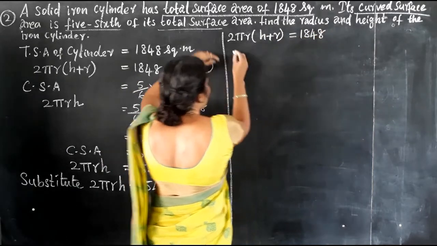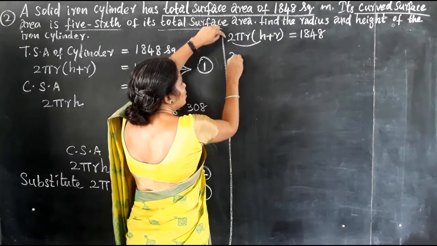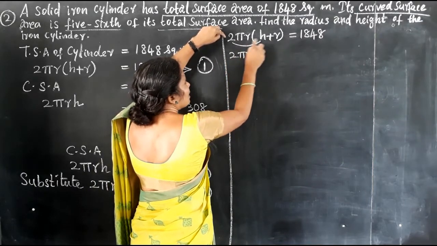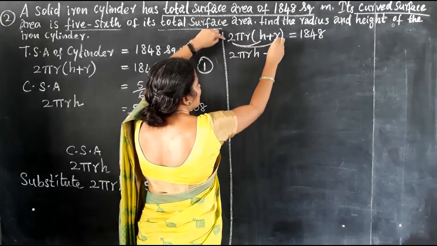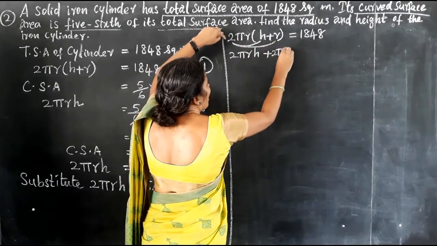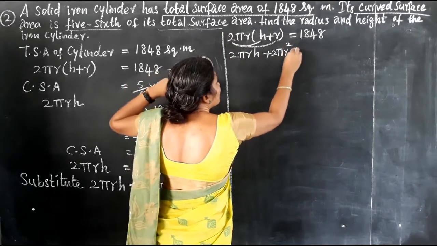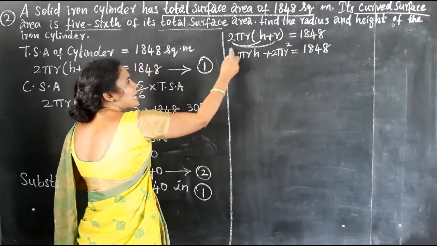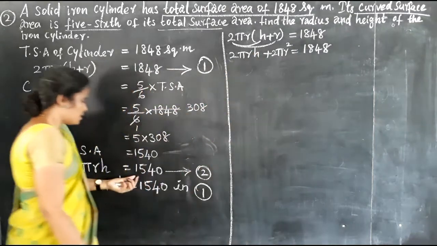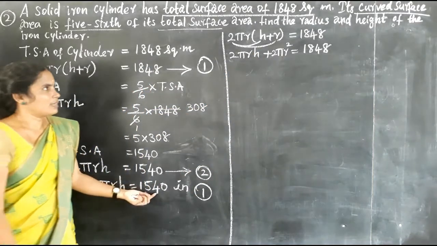Now here TSA is equal to 2πr(h + r), which is equal to 1848. Now you multiply 2πr into h plus again 2πr into r, that is 2πr square, is equal to 1848. So we can substitute the value of 2πrh as 1540.